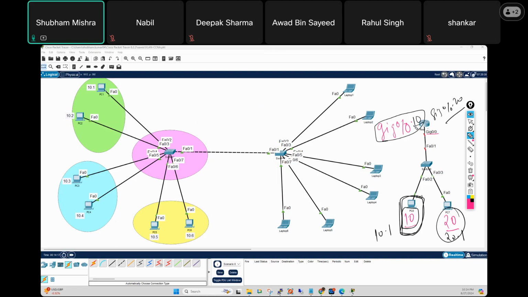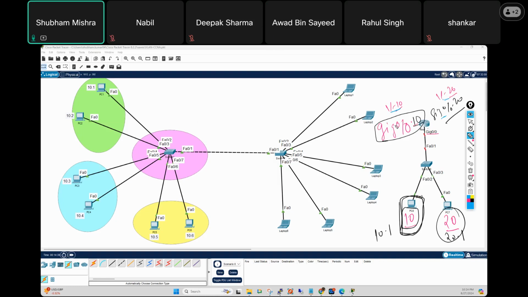So I created here dot 10. It means this interface is for VLAN number 10 and this interface is for VLAN number 20. This sub interface I created for VLAN number 10 and this sub interface I created for VLAN number 20. Clear?